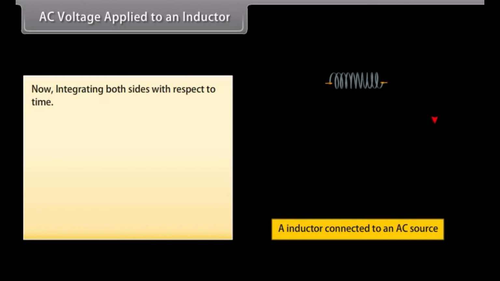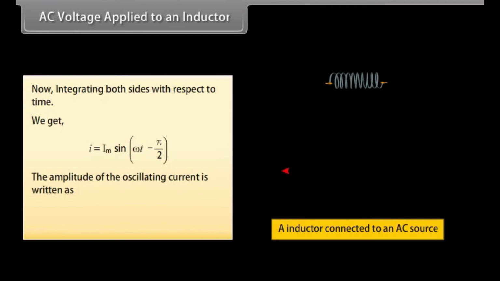Now, integrating both sides with respect to time, we get I is equal to Im sin (omega t minus pi by 2). The amplitude of the oscillating current is written as Im is equal to Vm upon omega L.